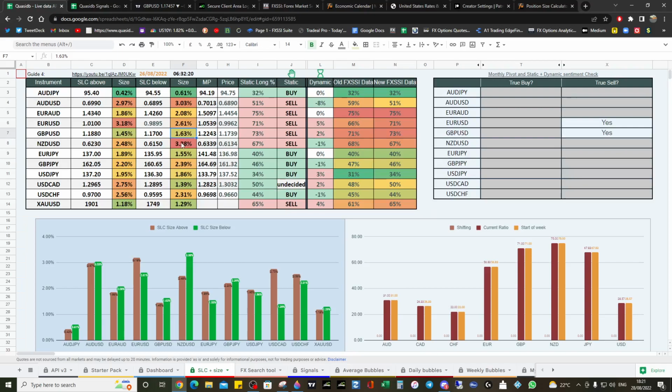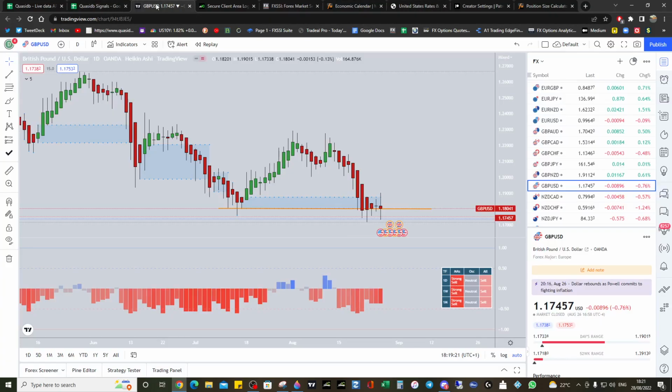A huge reduction can indicate a reversal. So if we go from 1.63 to 0.63, there won't be many more stops below. And it's like, well, what's the point of pushing price down further? There's not enough liquidity. We'll just bully someone else, and then they'll leave that. And it could be potentially pound USD.